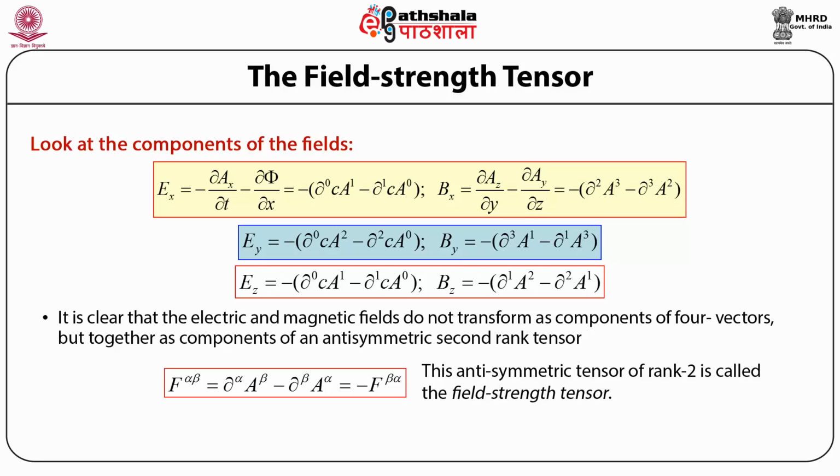Another important aspect that one needs to understand here is that if we have an antisymmetric tensor, then if the indices are interchanged, the sign of the value also changes. So for the second rank antisymmetric tensor, F superscript alpha beta is equal to minus F superscript beta alpha.